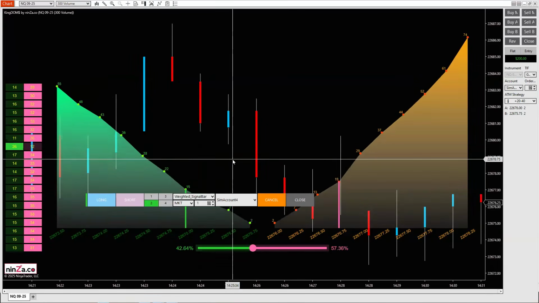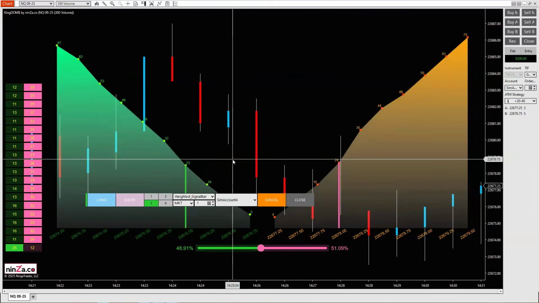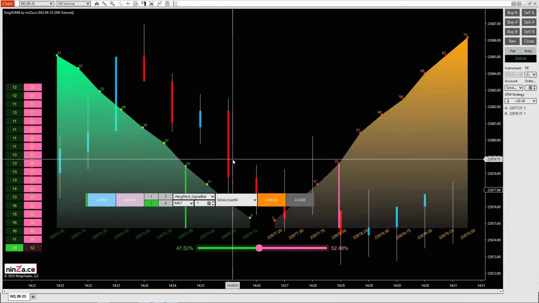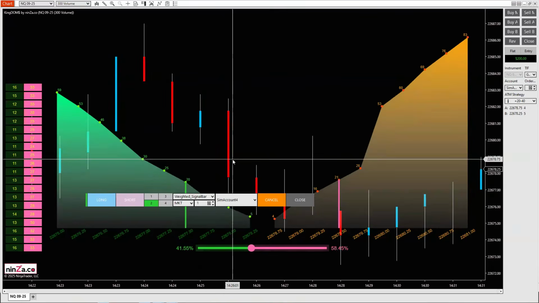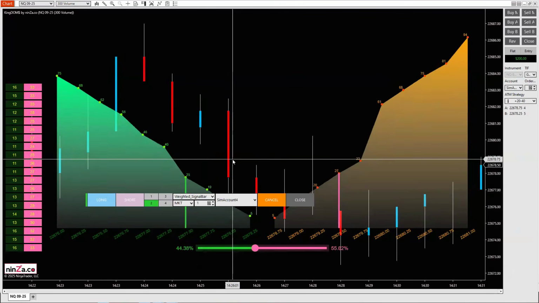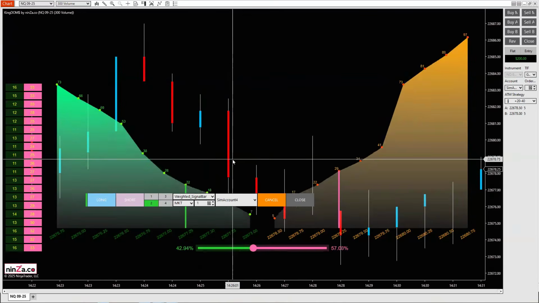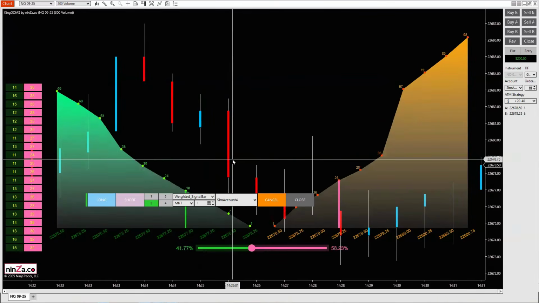You might love one indicator and another one might not do you any good. A different person might find that other indicator really good and this one not so good. So it's all a matter of trading preference. And the reason there are so many indicators is because there are so many ways to trade, right? I mean, we all know that. There are so many ways to trade.